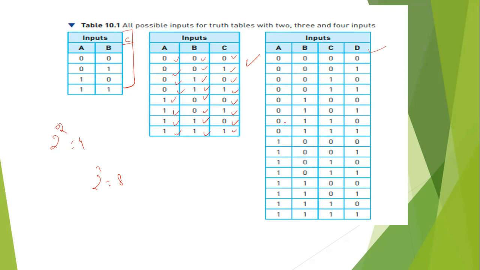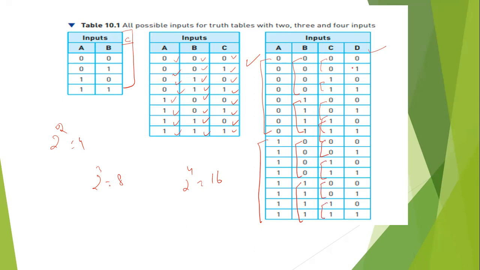And if you see 2 power 4, there are 16 combinations, so there will be 4 inputs. In the first column, that would be A, write eight 0s and then eight 1s. In the second column, four 0s, four 1s, four 0s, four 1s. In the third column, two 0s, two 1s, two 0s, two 1s, two 0s, two 1s, two 0s, two 1s.